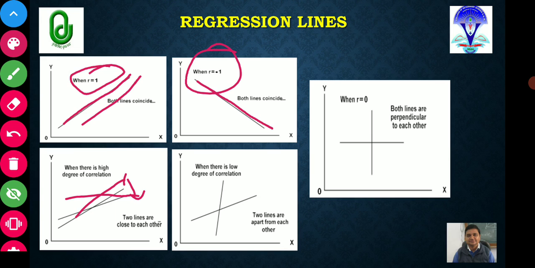Whereas if the correlation coefficient is low, in that case the lines will be away from each other. That means these two lines are apart from each other. So the position of the x line and y line, that means the position of the regression lines, will tell how much correlation there is between the two variables.